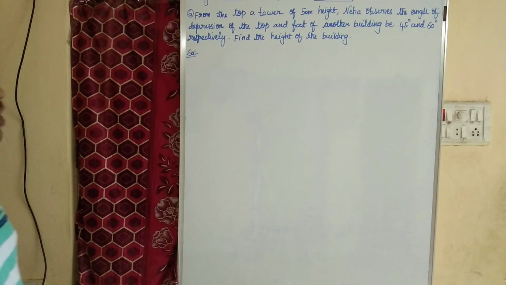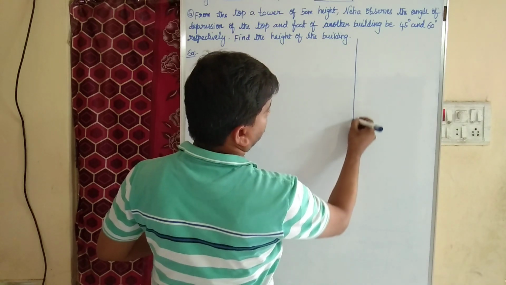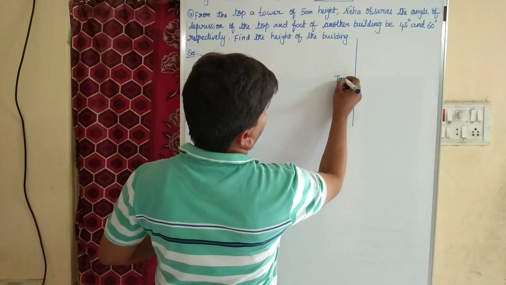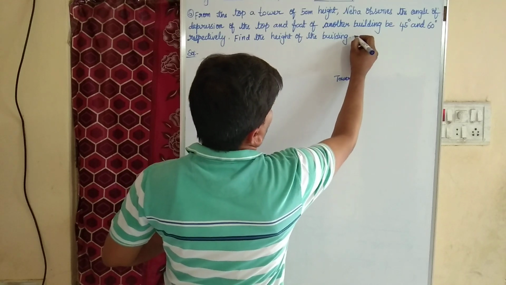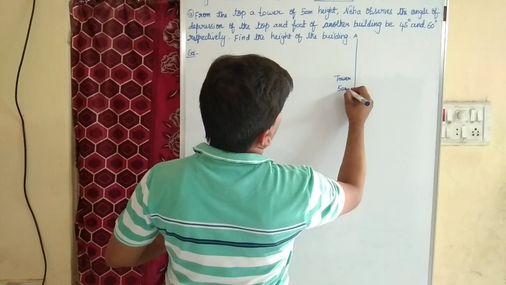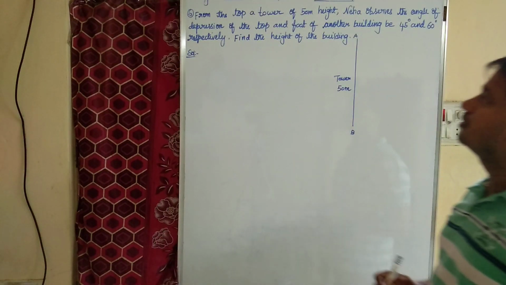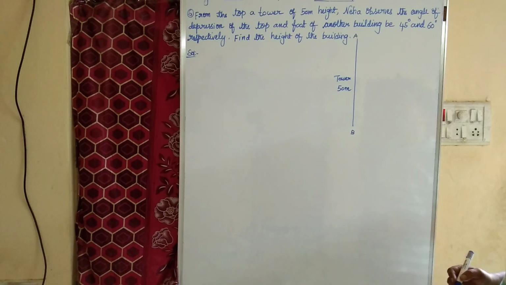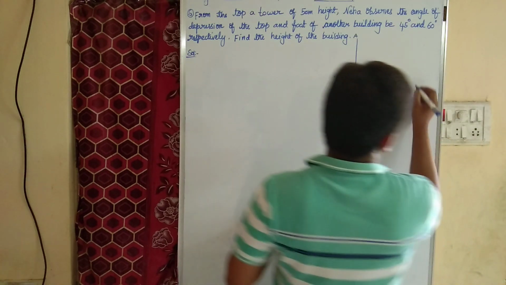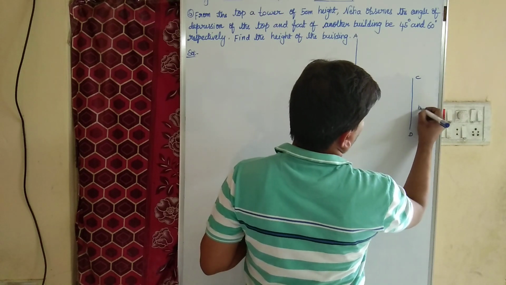Okay, from the top of a tower of 50 meters height. This is our tower. Call it A, B, whose height is 50 meters. Neha observes the angle of depression of the top and bottom of another building. For example, this is our building CD.